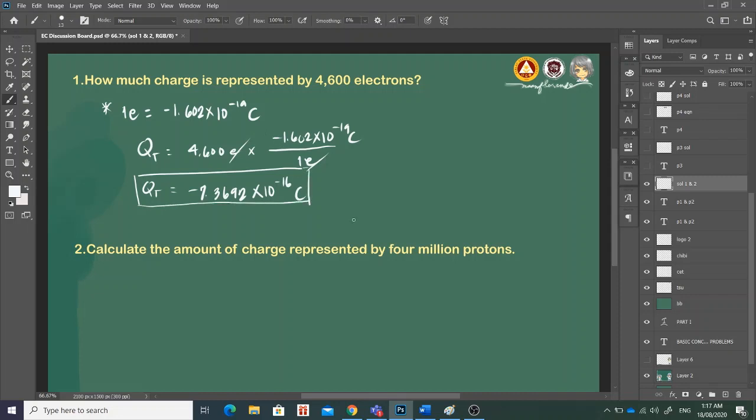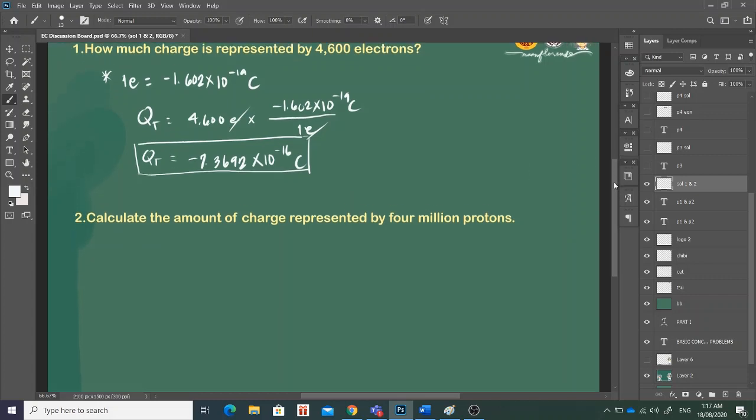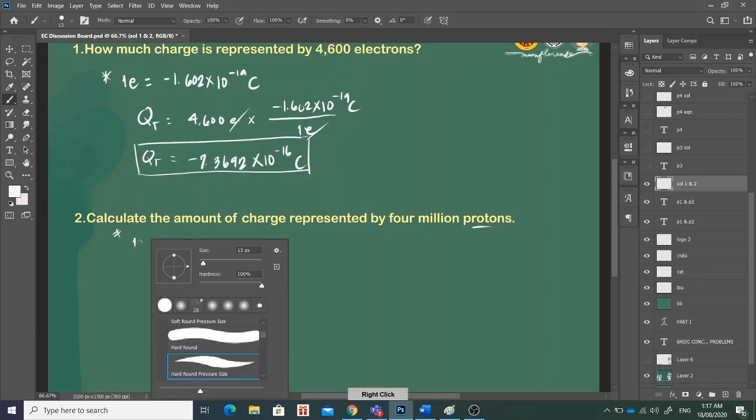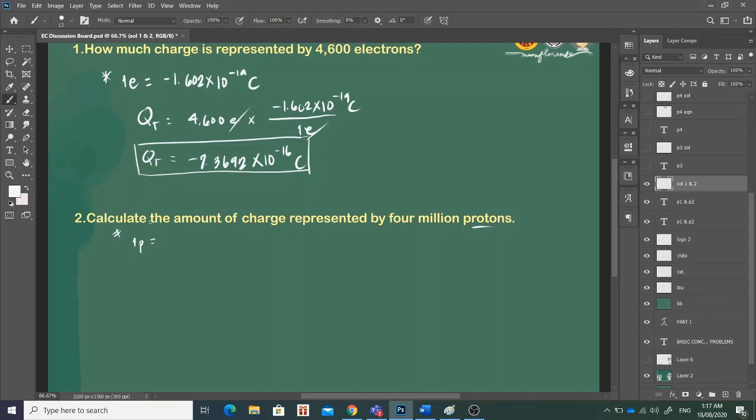Okay, for problem number 2, dito naman sa problem number 2, ang tinatanong naman ay protons. Okay, ang charge ng isang proton ay same lang, but this is positive 1.602 times 10 raised to negative 19 coulomb.